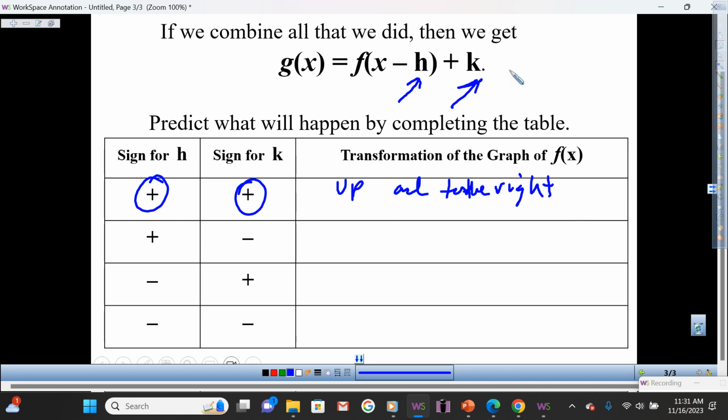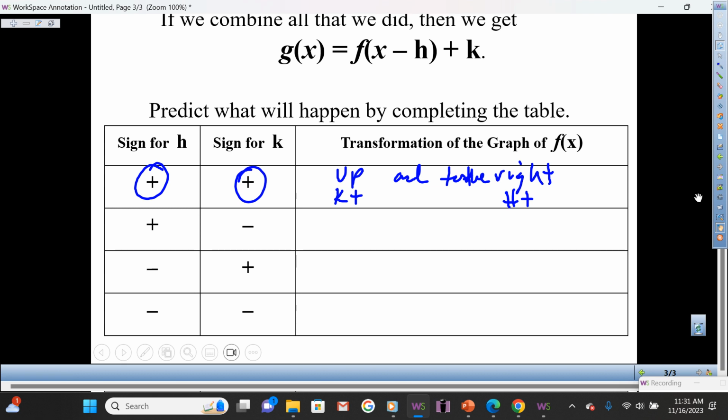Since k is positive, it's going to move up, and h positive is going to the right. Now, some of you might be saying, Mr. Q, but didn't you say if it was positive, it went to the left? It changes to go to the left when we substitute a negative value because there's already a negative in there. So far so good. Put here k positive and h positive, just to make sure you got that.